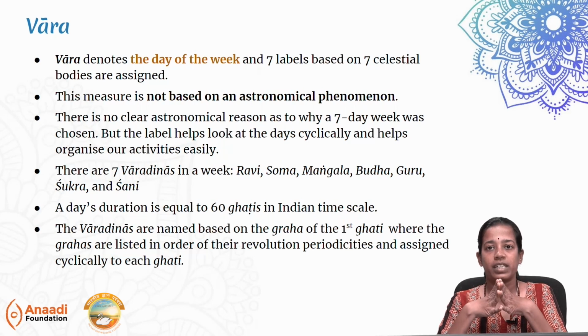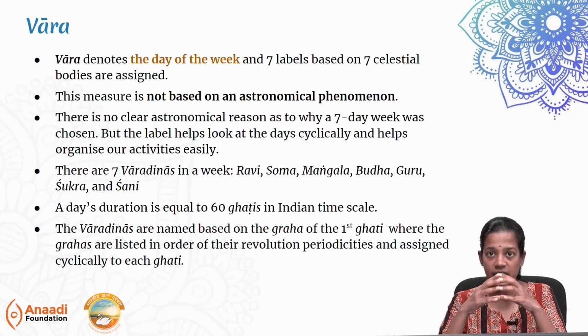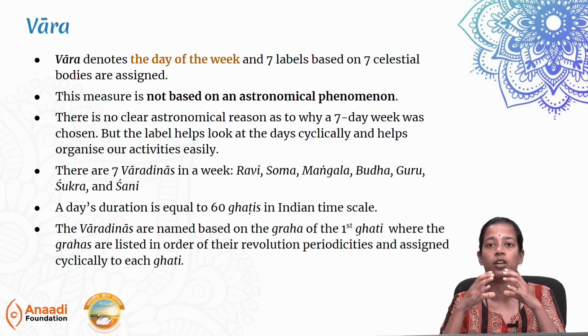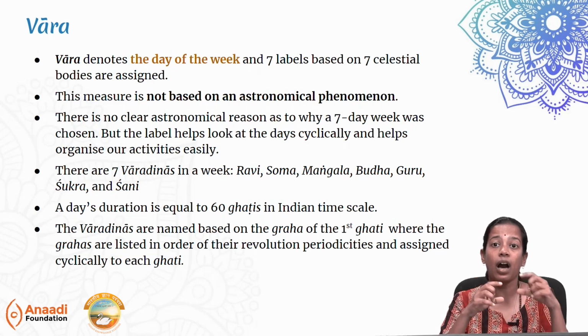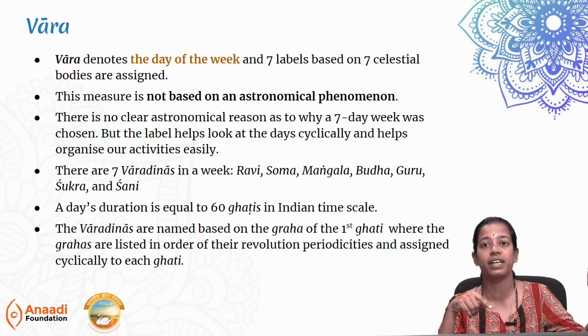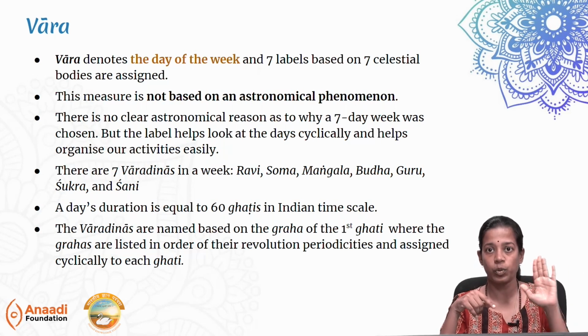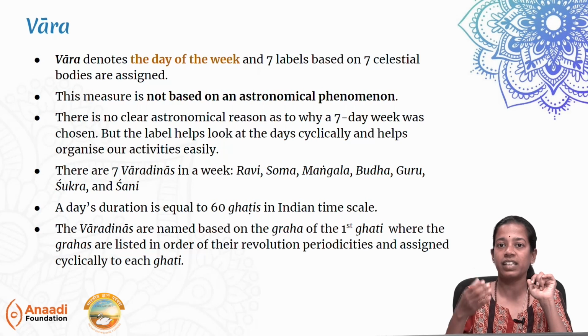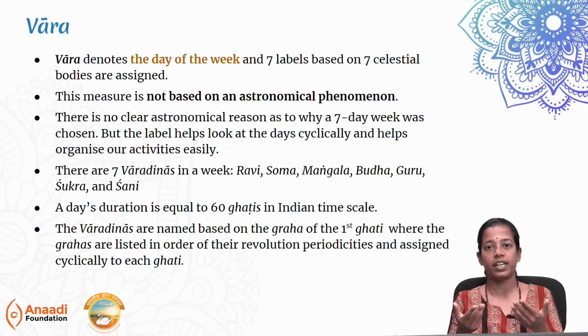We also saw that the naming is very similar across different cultures. Now we are trying to understand that, especially in the Indian traditional calendrical system, there is some rationale or logic behind how these Vara dinas were named in sequence. There is no astronomical event attached to it, but there is a logic behind keeping these Vara dinas in a specific sequence that we are trying to understand using the ghati system.